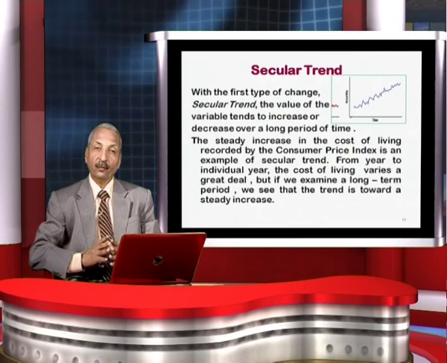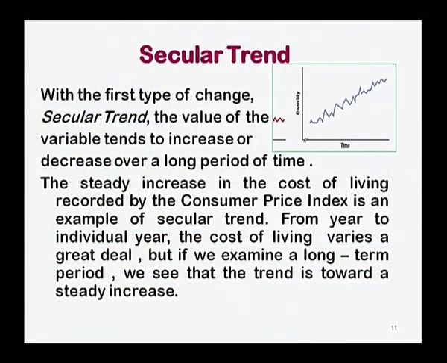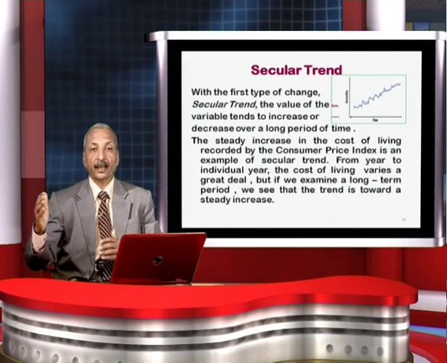Now, what do we mean by the secular trend? With the first type of change, secular trend, the value of the variable tends to increase or decrease over a long period of time. The steady increase in the cost of living recorded by the consumer price index is an example of secular trend. We know that the consumer price index number has an increasing trend.